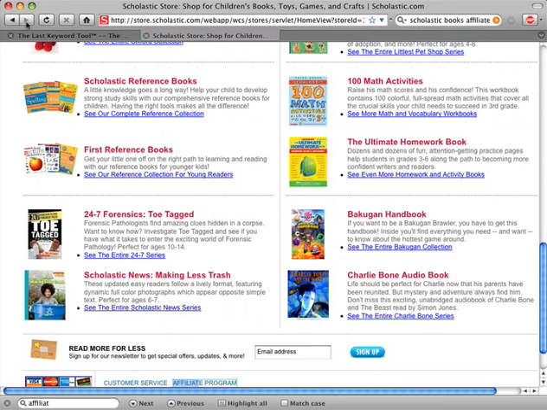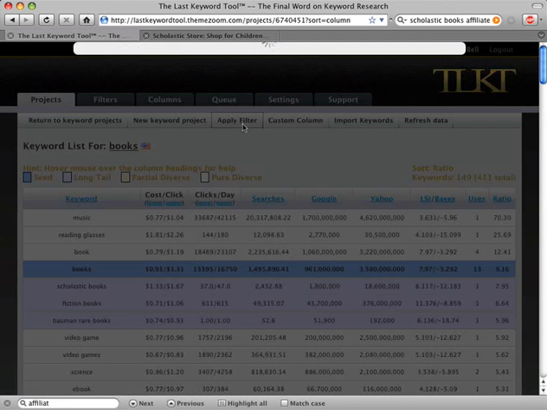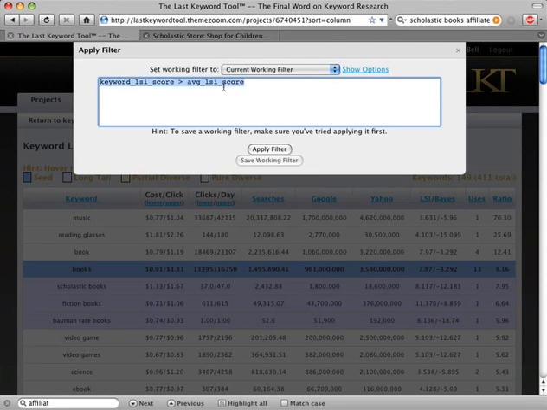Okay, 7%. Now that we know that, let's try and figure out exactly how much money that would make us. There are a lot of ways to approximate that, but the first thing we're going to do is make sure we're only looking at that keyword, so we don't get distracted.